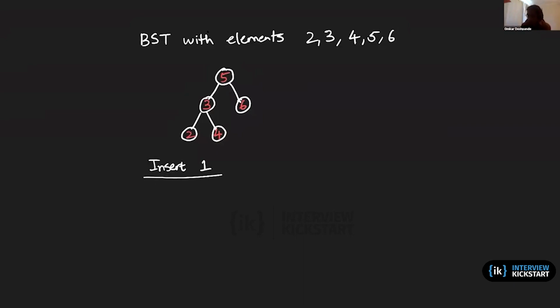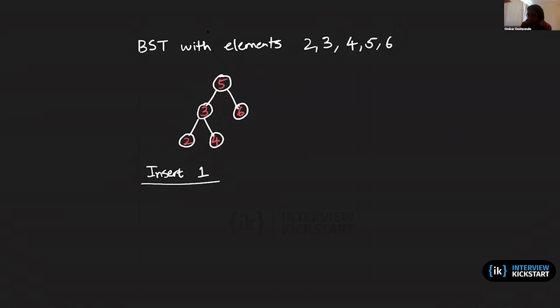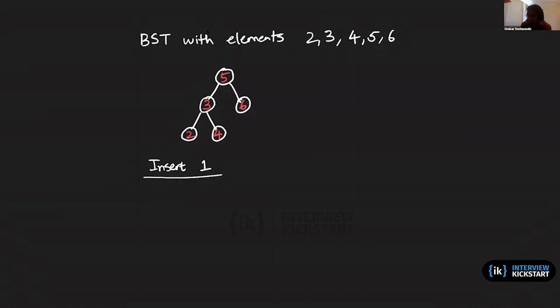To insert a 1, we will first search for a 1. So we start from 5. 1 is less than 5, we come down here. 1 is less than 3, we come down here. 1 is less than 2, we come down here. And to insert a 1, if we were to follow the same insertion procedure from earlier, we will end up inserting the 1 here.